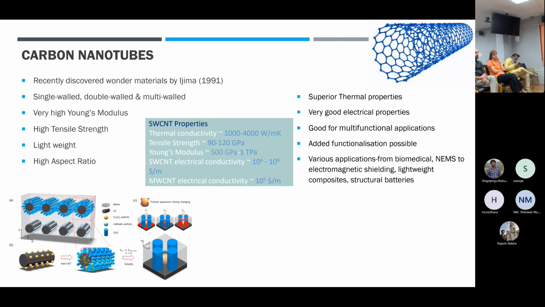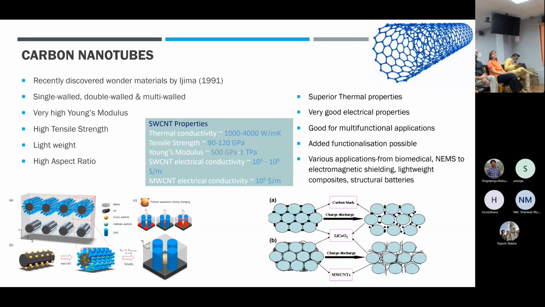To have better intercalation of the ions, which helps the electrochemical reaction, we can use carbon nanotubes grown onto the surface of the fibers. They can help achieve good electrical properties, they can help improve the fiber properties, and they can also help adhere the ions more strongly to the fiber, giving more electrochemical capacity.